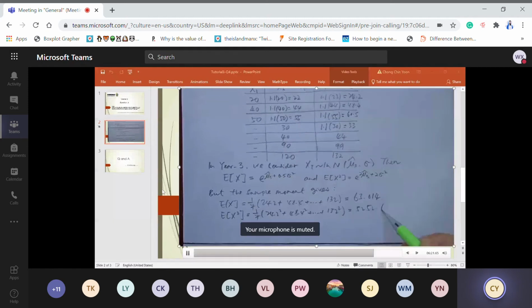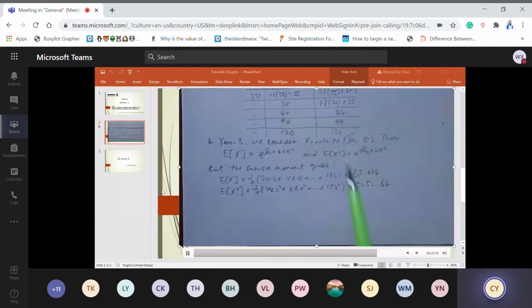So next we try to compare this result with this figure. So we will have the exponential of mu3 plus 0.5 sigma squared, which is equal to 63.014. And similarly, this second raw moment will be equal to this, so we will have this result.